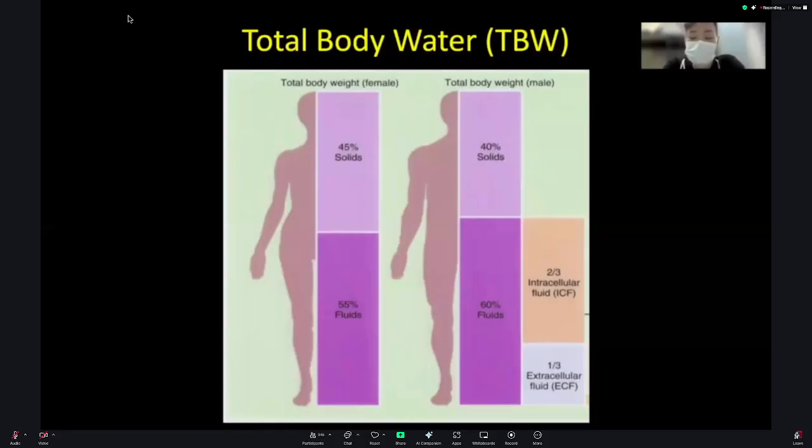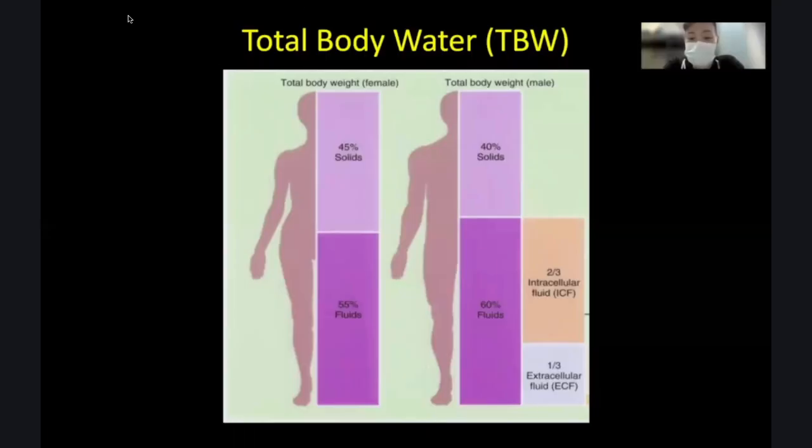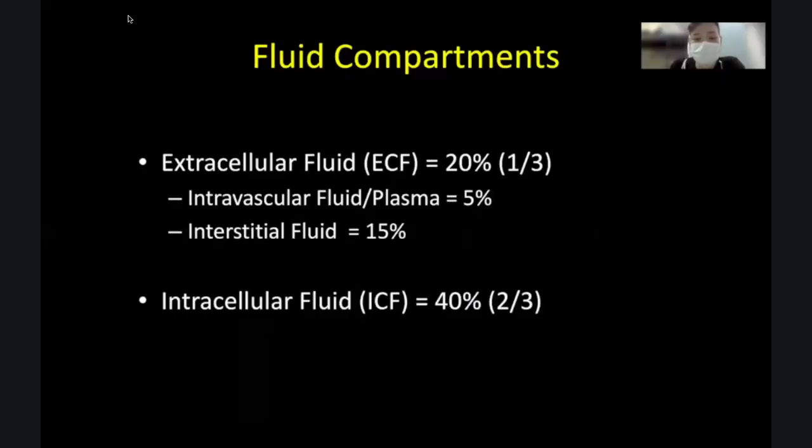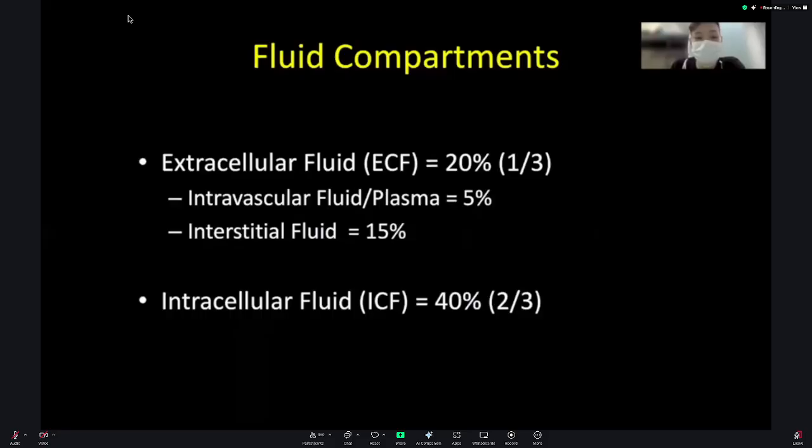The total body water is further subdivided into compartments, located mainly in two: your extracellular fluid compartment and your intracellular fluid compartment. The extracellular fluid compartment, which contains 20% of the total body weight, or 1/3 of the total body water, is further subdivided into your intravascular fluid or plasma and your interstitial fluid.